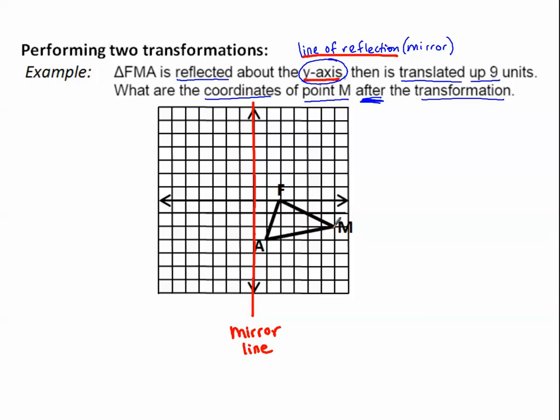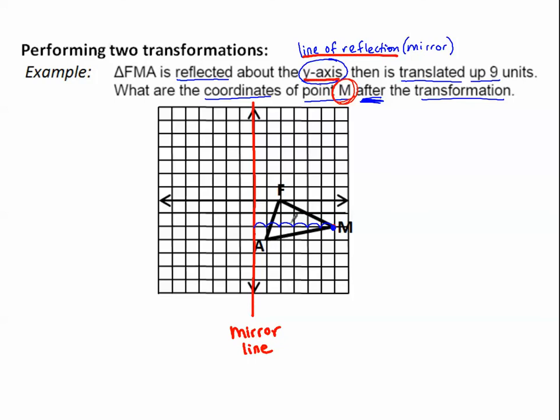Now, we don't actually have to reflect the entire triangle because notice this problem is only asking about point M. Let's focus then just on point M. Here's point M of our triangle. Focusing on that, where is it located in relation to the line of reflection? From point M, I'm going to count directly to the line of reflection. 1, 2, 3, 4, 5, 6.